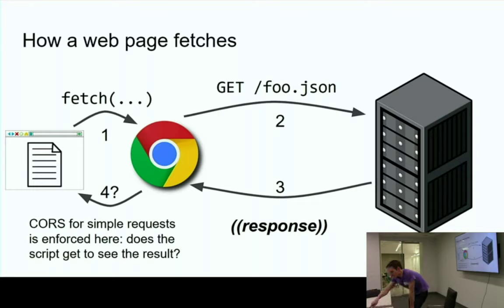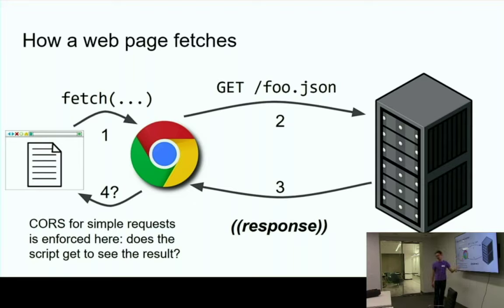So right here, this question mark, is where the browser decides. All of this definitely happens. It actually hits the server, the server actually sends something back across the wire, and then the browser has to decide, do I need to let this web page view it, or should I withhold it? So for example, if this web page is an evil web page trying to view my Gmail inbox, it might say, hey, wait a minute, this is Gmail.